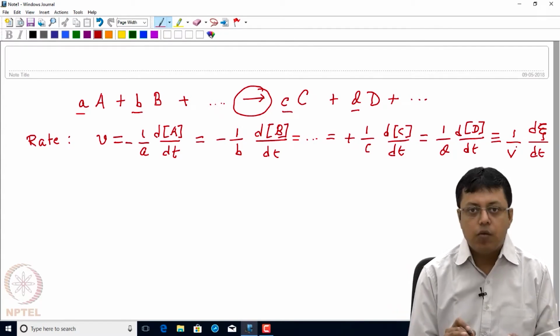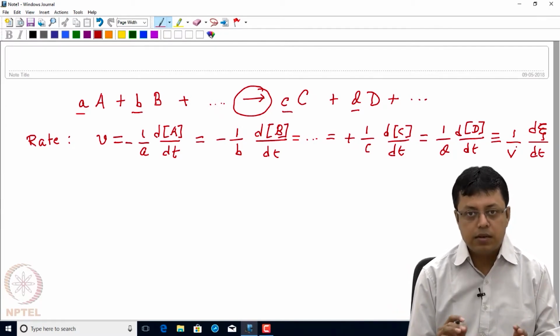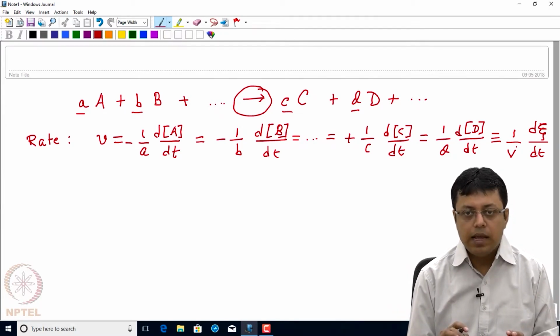Now this is how I can express the rate overall, but experimentally the rate is found to vary with concentrations of the reactants. It can also vary with the concentration of the products in rare cases.